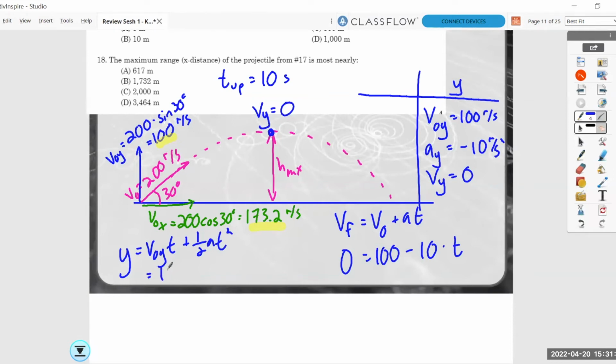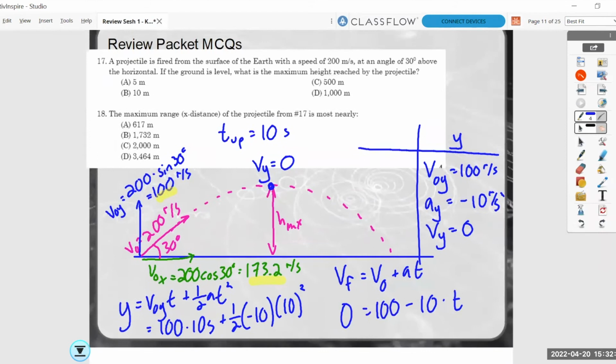This is going to be 100 meters per second times 10 seconds plus 1/2 times negative 10 times 10 squared. That's going to give me 1,000 minus half of 1,000. So 1,000 minus 500 should give me a maximum height of 500 meters.